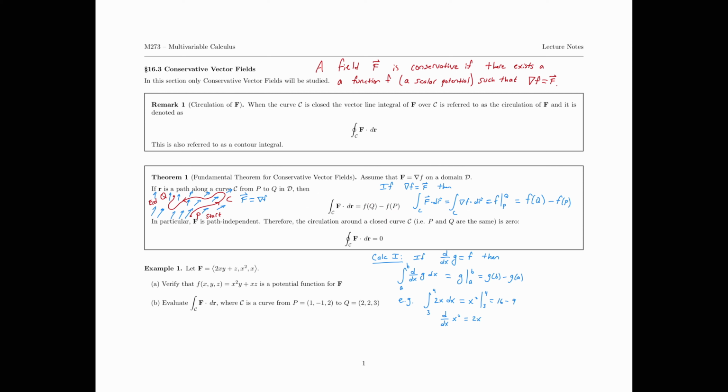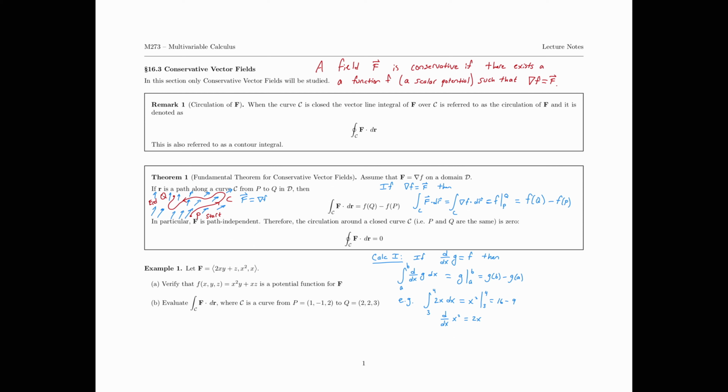Put it this way, it's a lot easier to do a problem if your answer only depends on the endpoints but not on the actual path itself. So, that's exactly what this is saying. In particular, the line integral of a conservative vector field is path independent. The actual path doesn't matter, only where you began and where you ended your path. Anything can happen in the middle, just as long as you end and begin at the same point. Then the answer is the same.